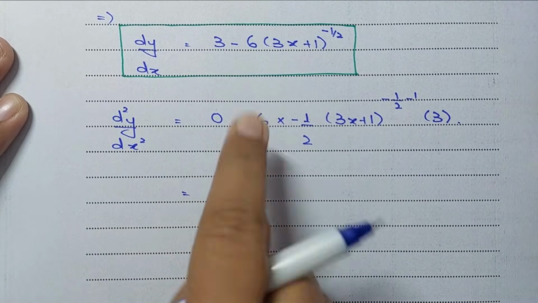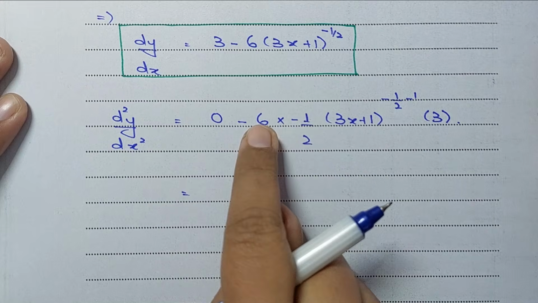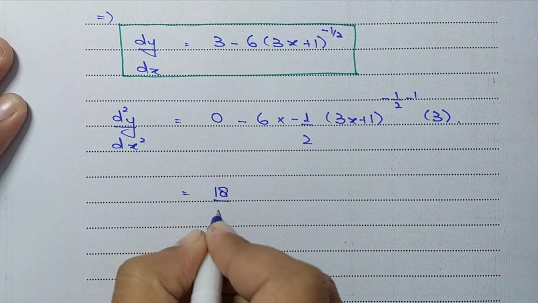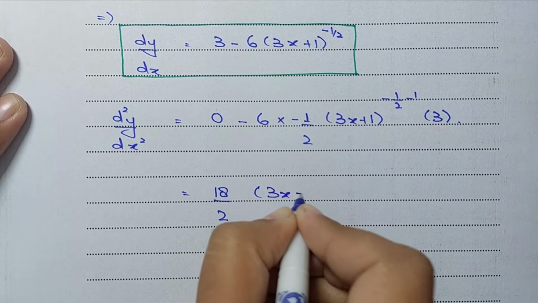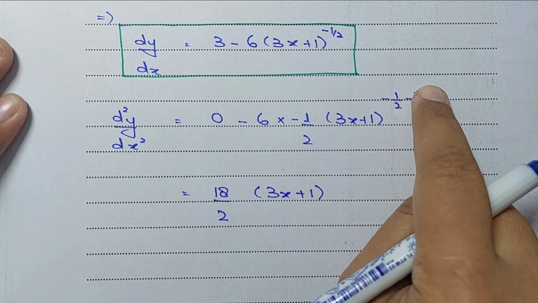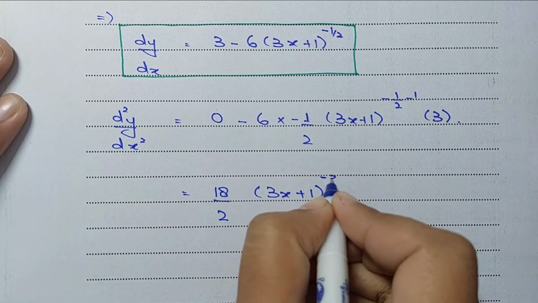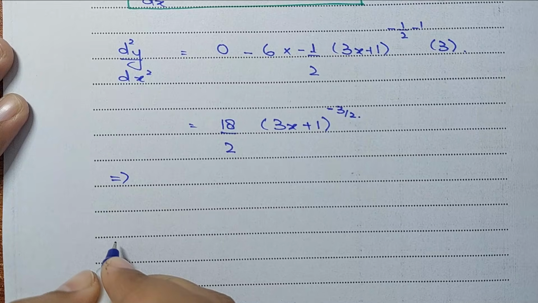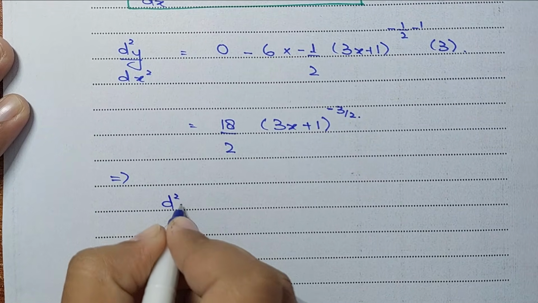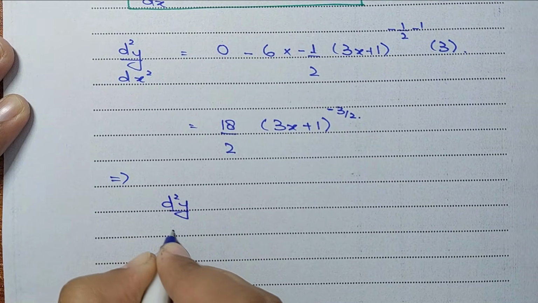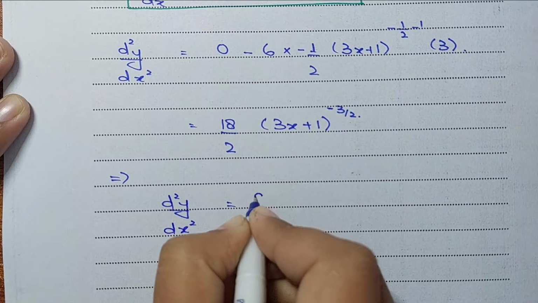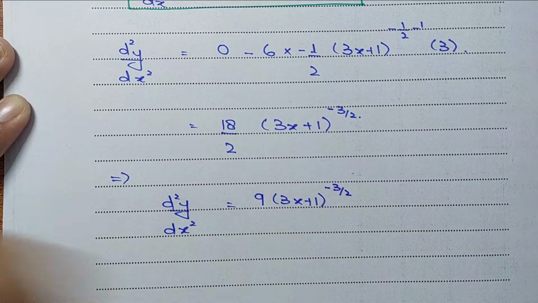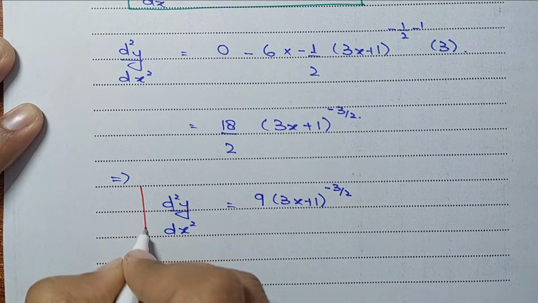So the second derivative is negative times negative is positive, and 6 times 3 is 18. 18 divided by 2, and 3x plus 1, and we have minus 2. Minus 1 minus 2 is minus 3 divided by 2. This implies we have the second derivative d2y over dx squared, 2 times 9 is 18, 3x plus 1 to the power negative 3 by 2. This is your second derivative.